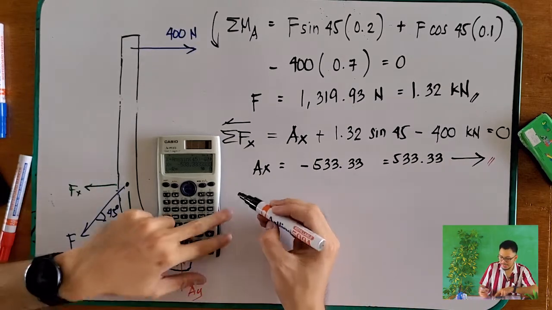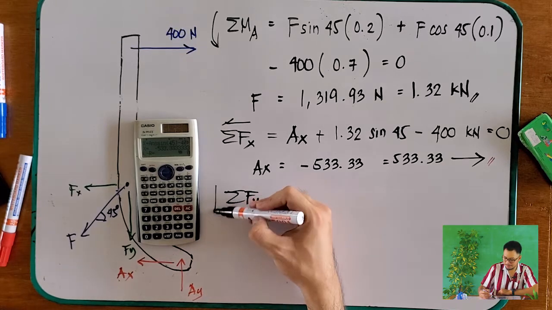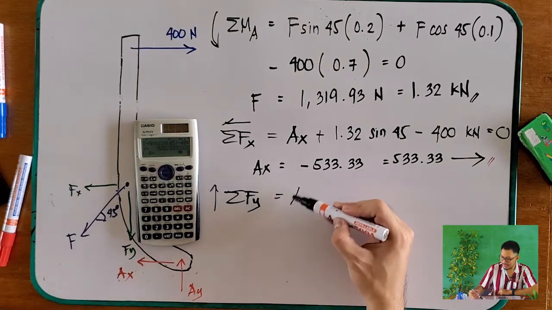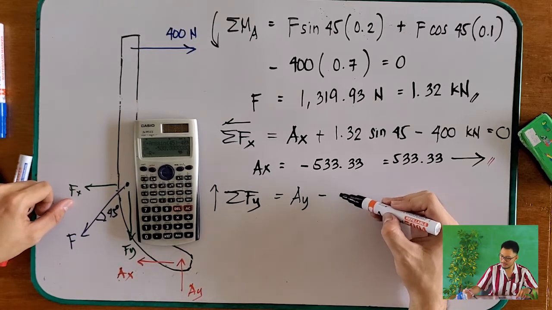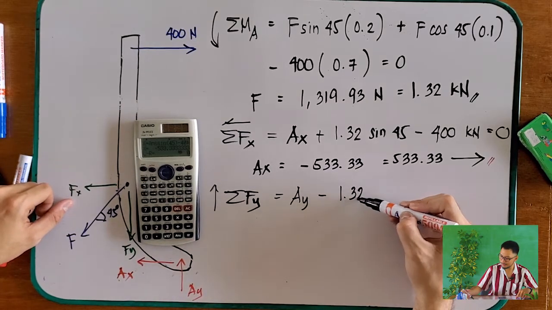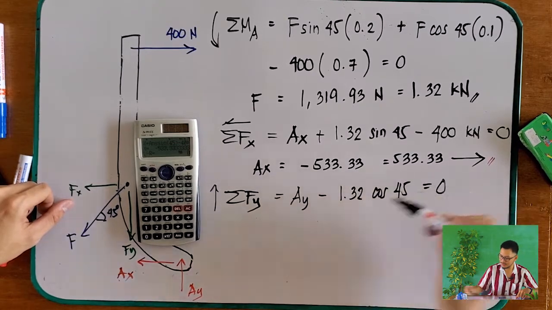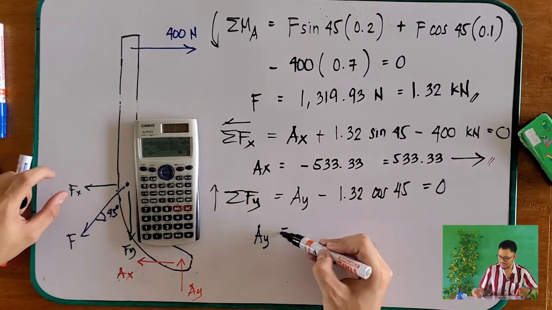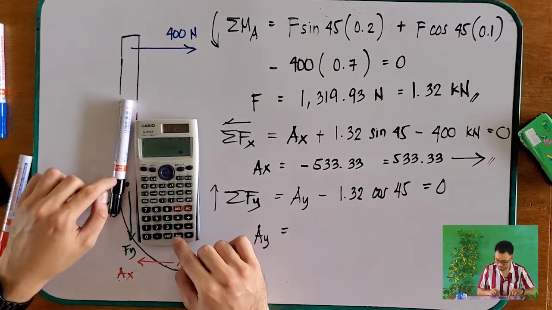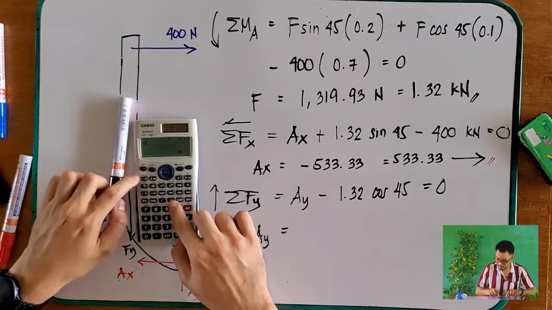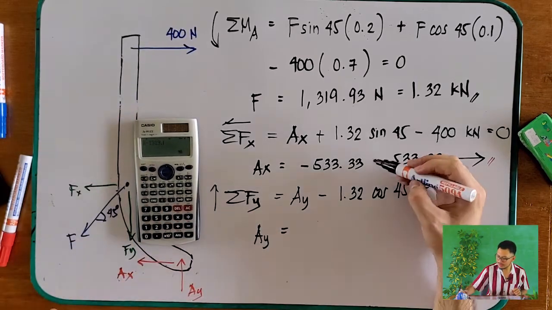And for your AY, summation of forces along the Y going up is equal to AY minus Fy, which is 1.32 cosine of 45. Wala naman tayo lain, equals to 0. So your AY di is equal to, take note ha, this is newtons.